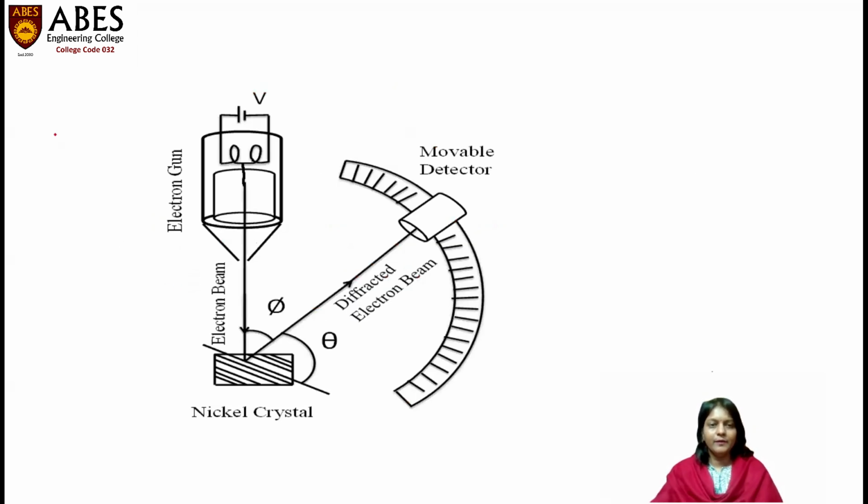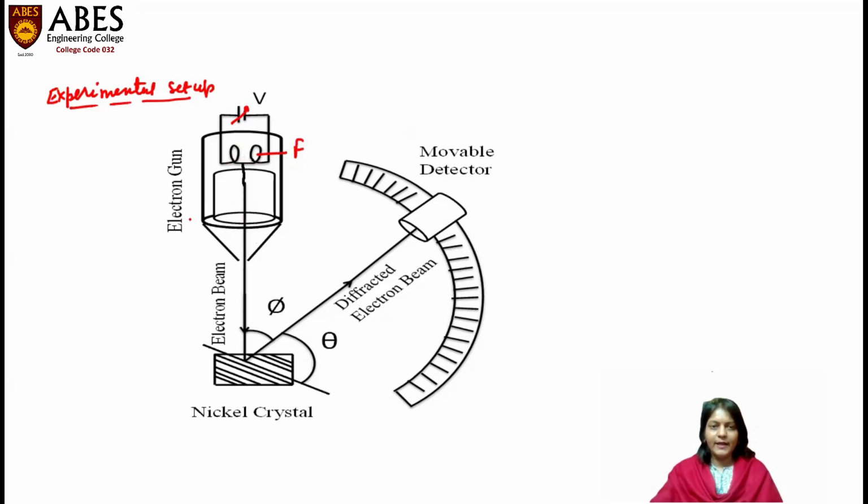Experimental setup. This is the experimental setup of the Davisson-Germer experiment. This is the variable potential V, which is connected to the tungsten filament F. The filament generates the electron beam.